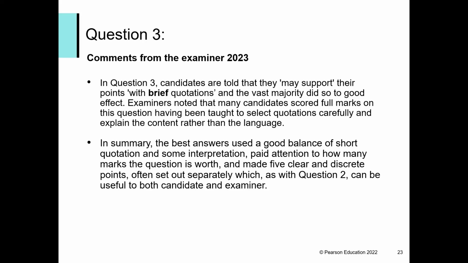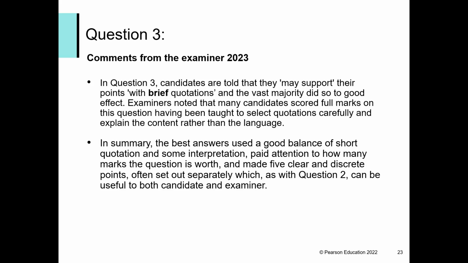So in the examiner report, again, the principal examiner says in question 3, candidates are told that they may support their points with brief quotations, and the vast majority did so to good effect. Examiners noted that many candidates scored 4 marks on this question, having been taught to select quotations carefully and explain the content rather than the language, because the language is question 4.